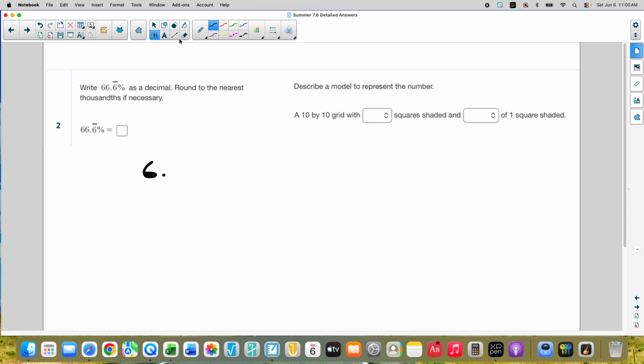So if we use that trick, when we have 66.6 repeating, let's write it correctly. Well, let's think about that number. That is 6, 6, 6, 6, and it just keeps going. And the way that we represent that is with the repeating sign over the 6.